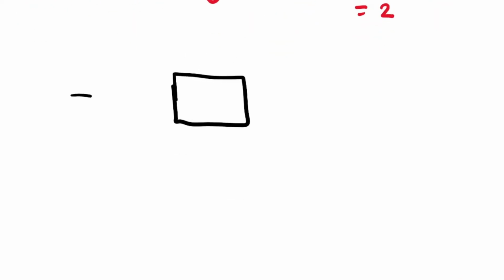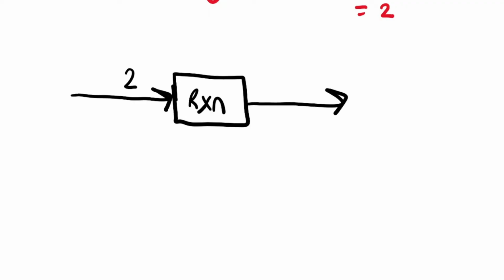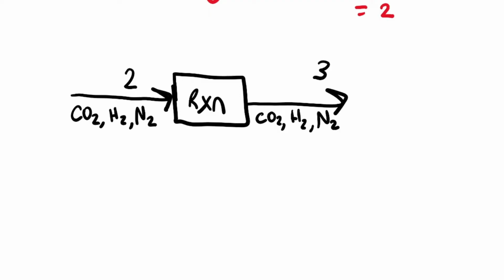So for us, we're just going to focus on stream 2, we've got a reaction, and stream 3. And you know that you have CO2, H2, and N2 entering. And for stream 3, you have CO2, H2, N2 exiting, but you now also have methanol and water.